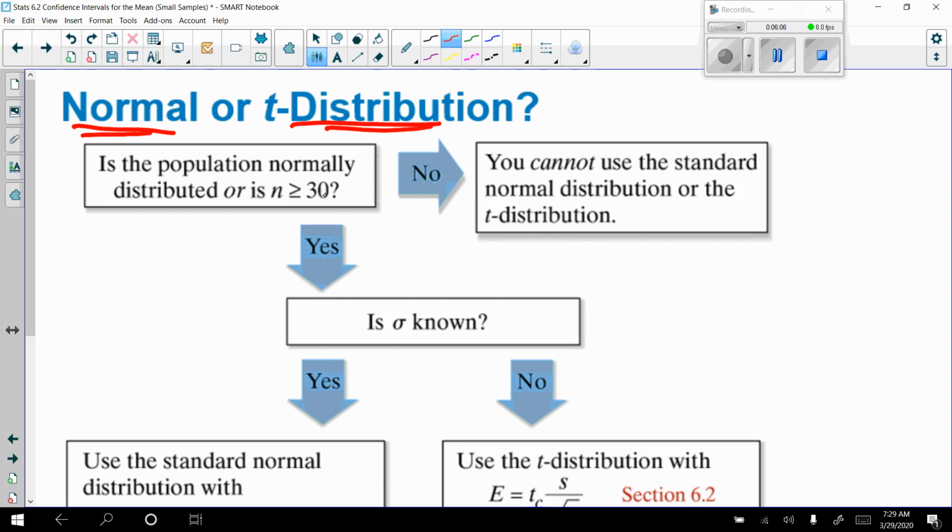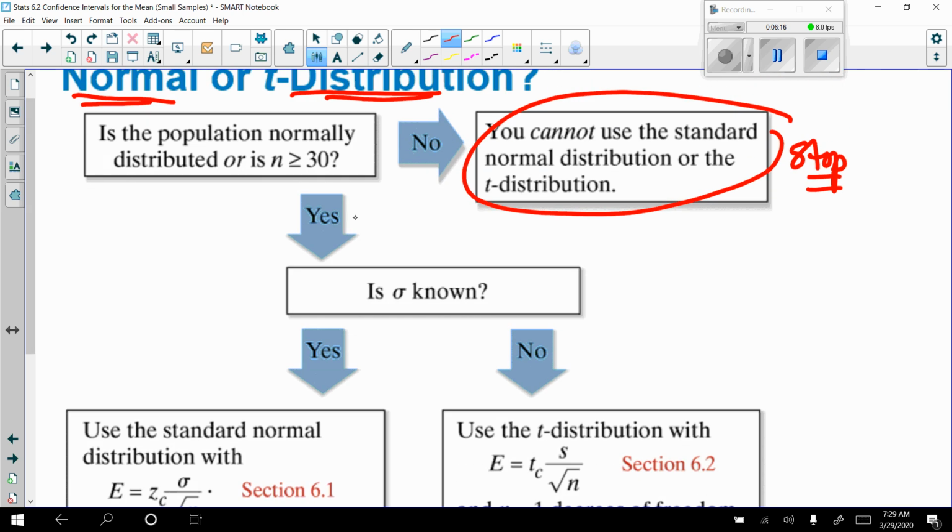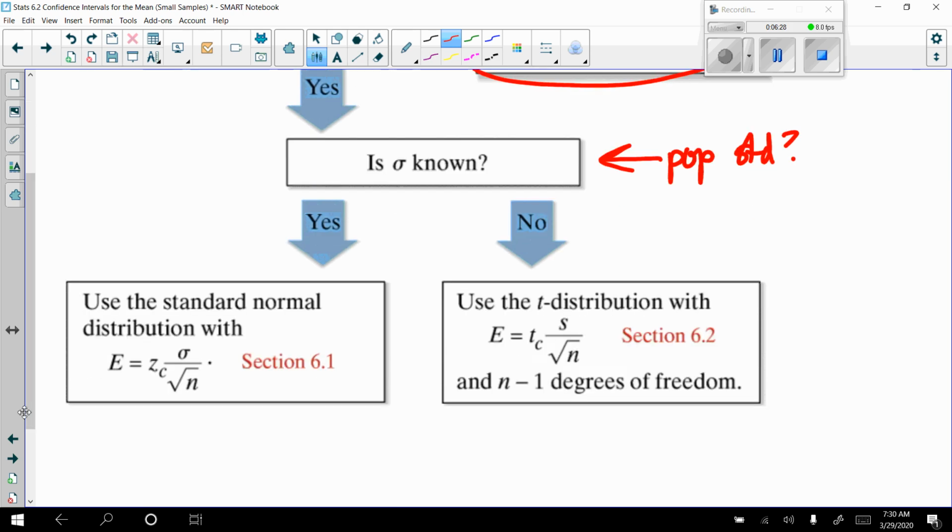If that is not true, then you cannot use either of them. Then you have to stop, and you cannot perform these tests. If it meets those conditions, then you ask yourself, do we know the population standard deviation? If you do know it, you use the normal distribution. If you do not know it, that's when you use the t-distribution.